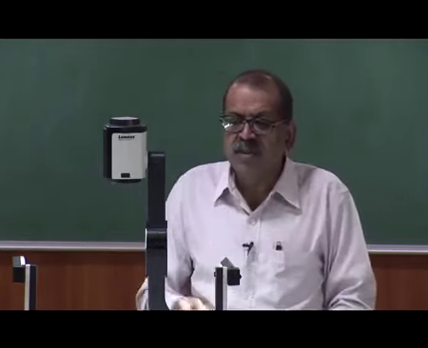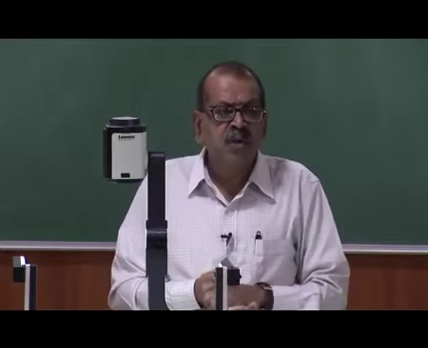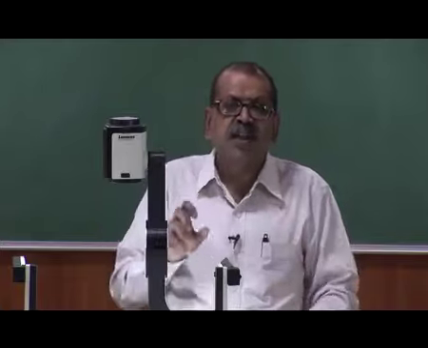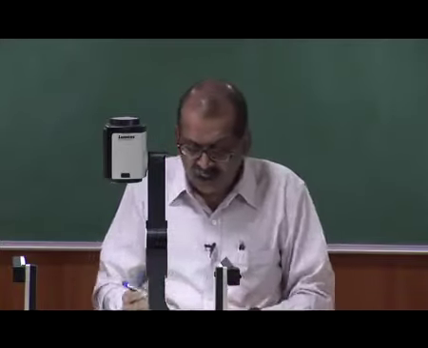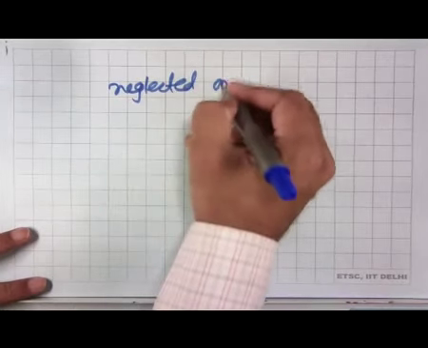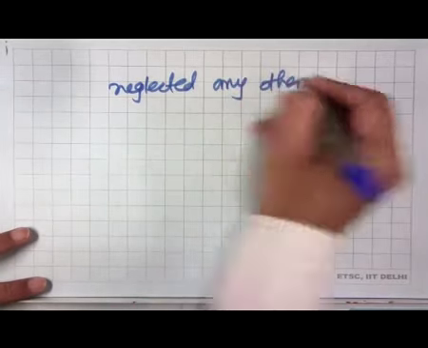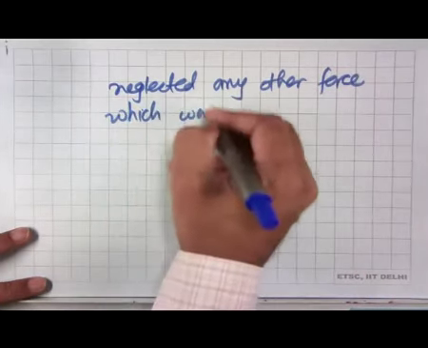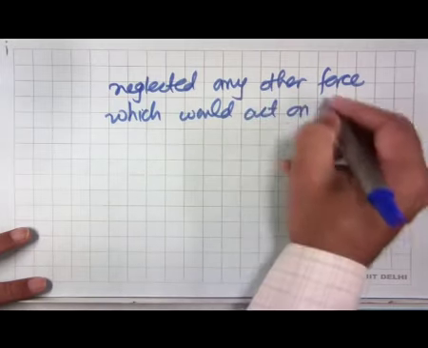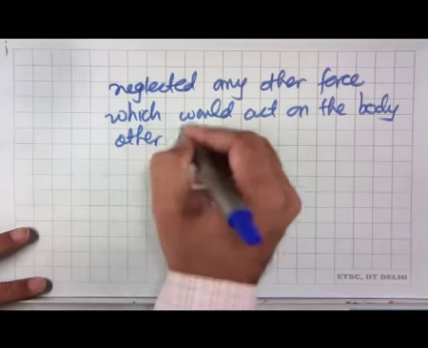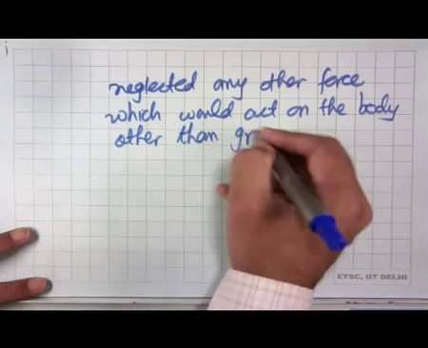In projectile motion, what we are saying is this is motion of a body which is thrown in the air, which is just moving with some velocity, and it is under the influence of gravity. So, here we have neglected any other force which would act on the body other than gravity.